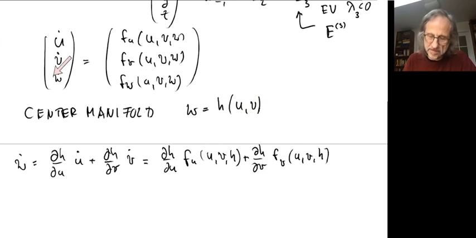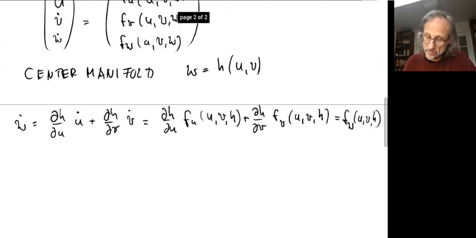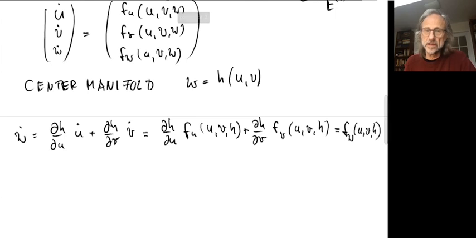But W also satisfies its own equation already. So we have that this is equal to FW of U and V and H. And so that's now the equation that we use to determine H.